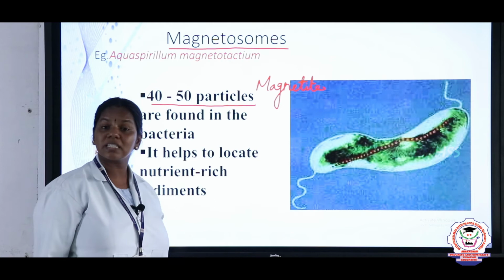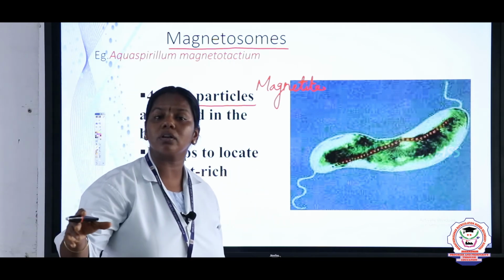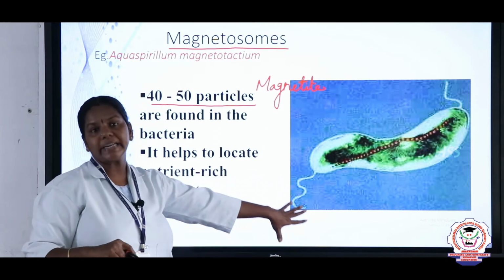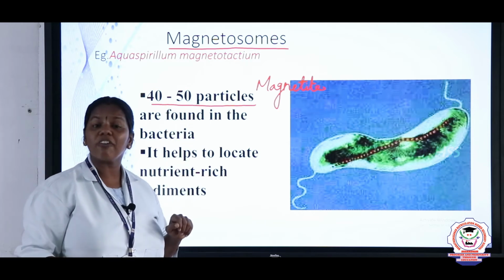This bacteria is economically useful for us. With the help of this we can find where the sediments are found, since it contains more iron in it. That is 40 to 50 particles of magnetite.